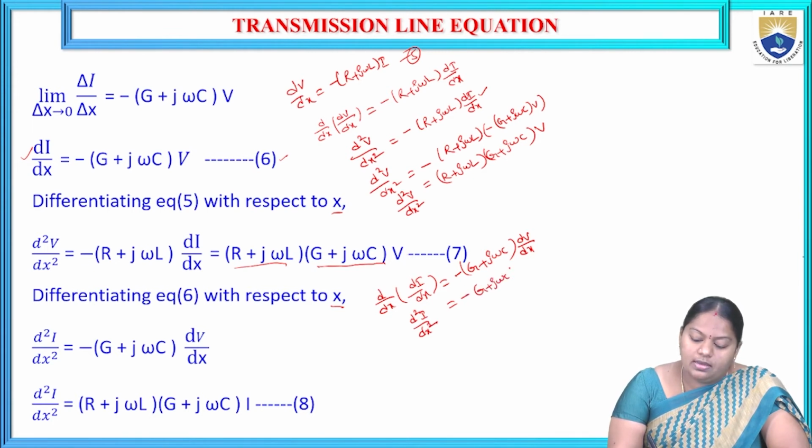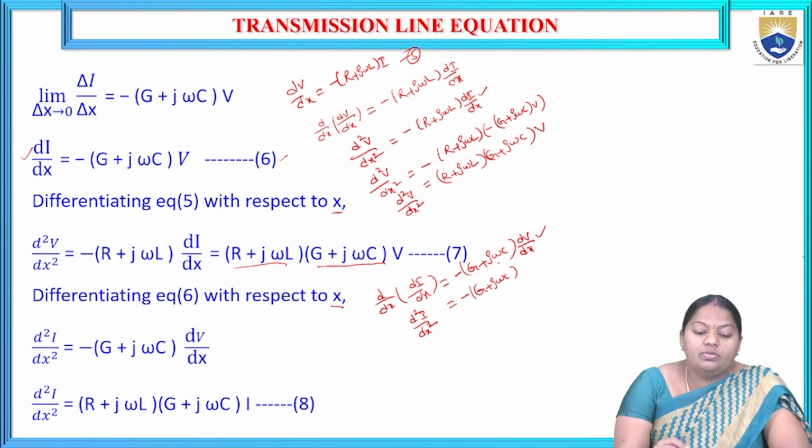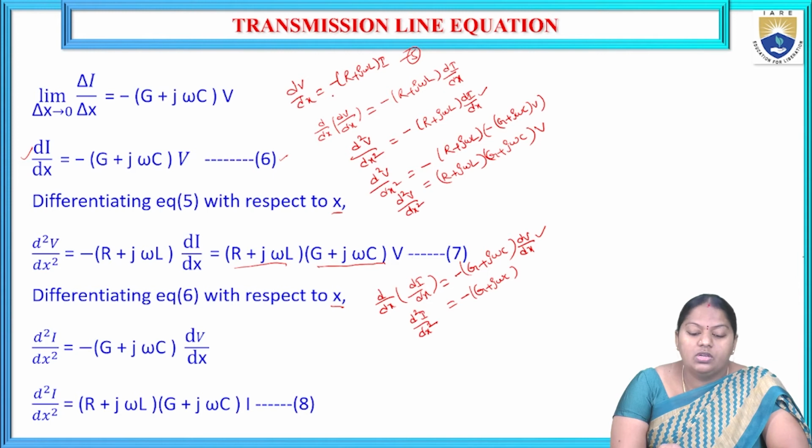j omega C into, according to equation number 5, dv by dx equal to minus of r plus j omega L into I. Now if we substitute in place of this dv by dx, minus of r plus j omega L into I, then already a negative is there, so it becomes positive.